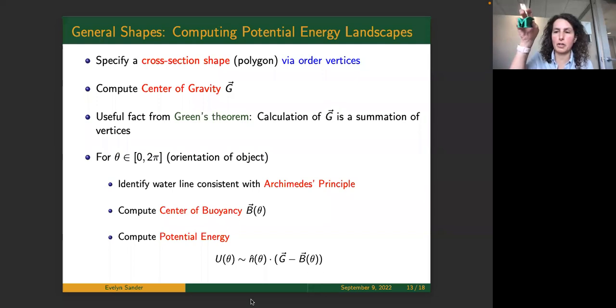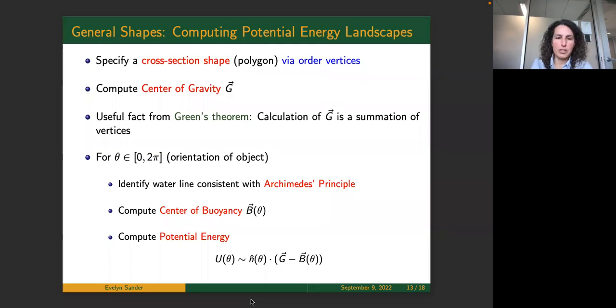Remember, I also talked about the Mason M. If you have a long object and you specify a general polygonal cross section via ordered vertices, then you can compute the center of gravity by using Green's theorem. You can write down a version of Green's theorem to say that it's actually just a summation involving the vertices.